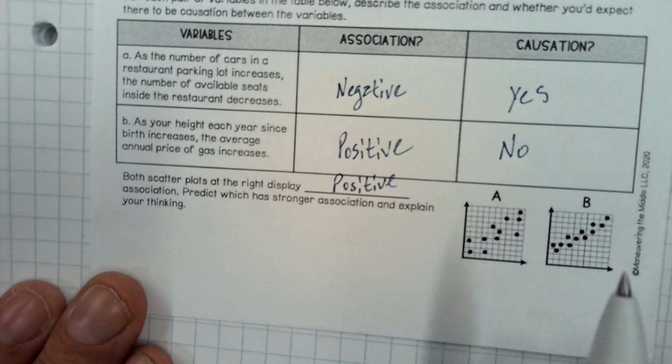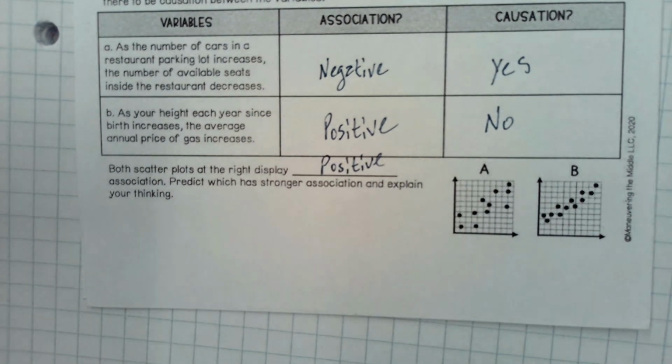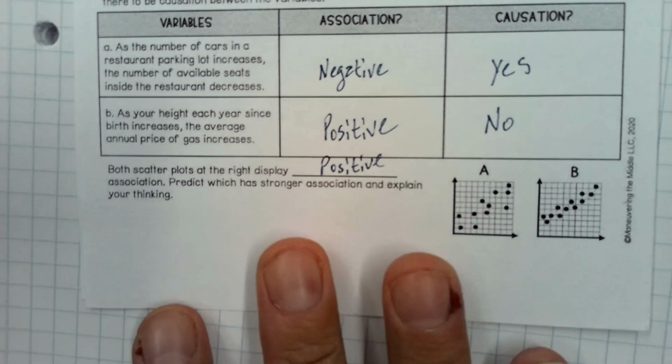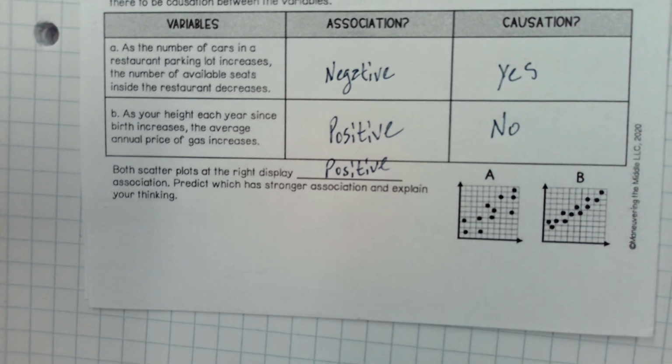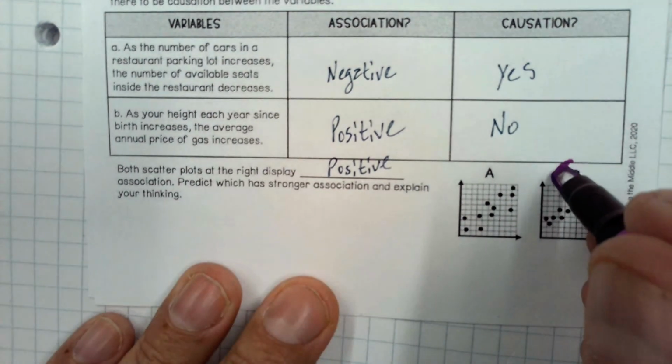So you have scatterplot A and scatterplot B. Without learning what this is, which one do you think has a stronger association? A or B? A or B? I'm hearing a lot of B's. I would agree.